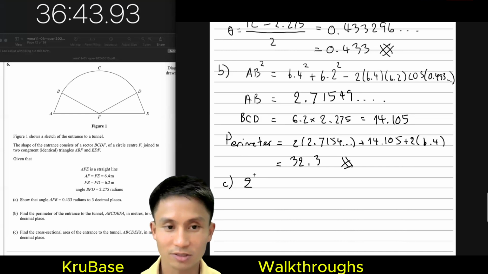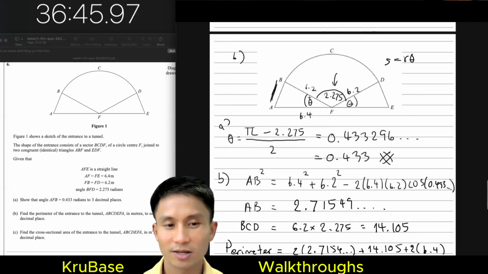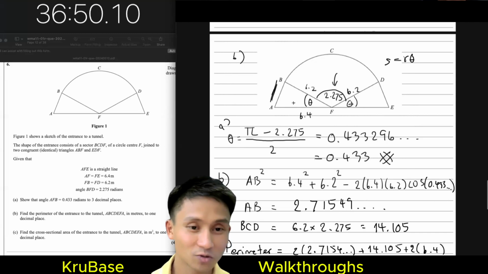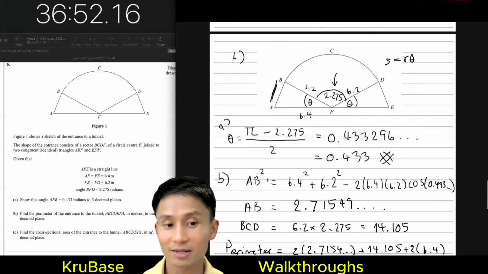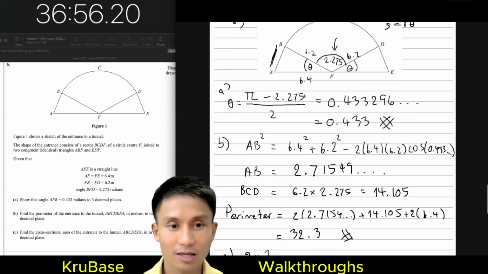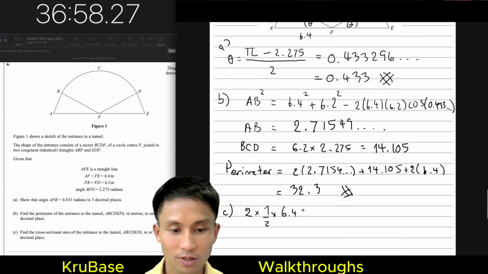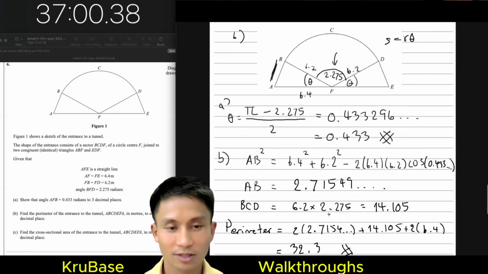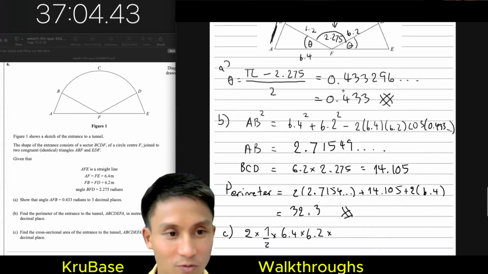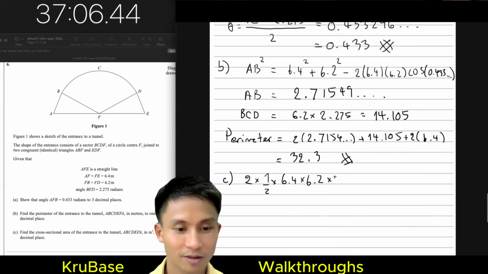2 of the triangles is, we can use the formula half AB sine theta because we know the 2 sides and the angle between the sides. So it's 2 of the half. A is 6.4, B is 6.2, sine theta. So sine of that theta we just found, which is all that.